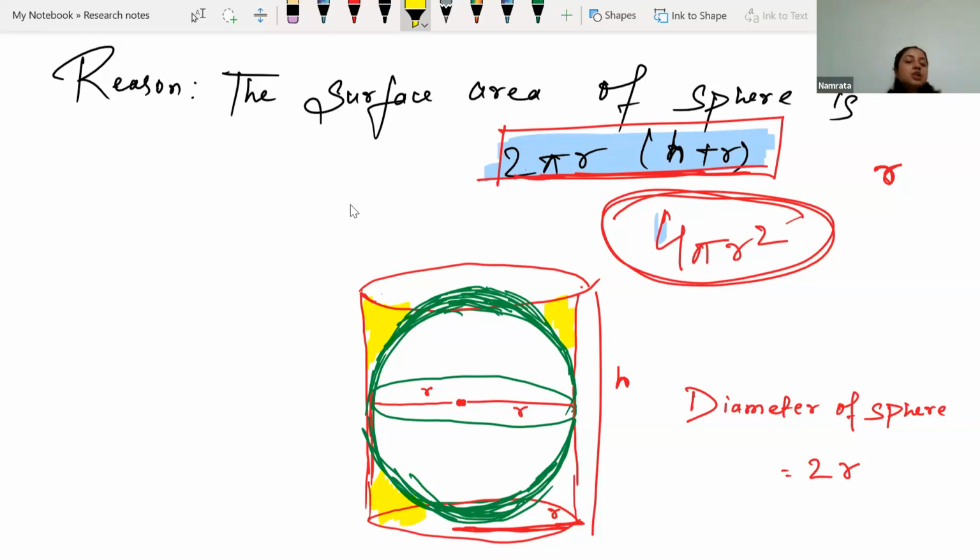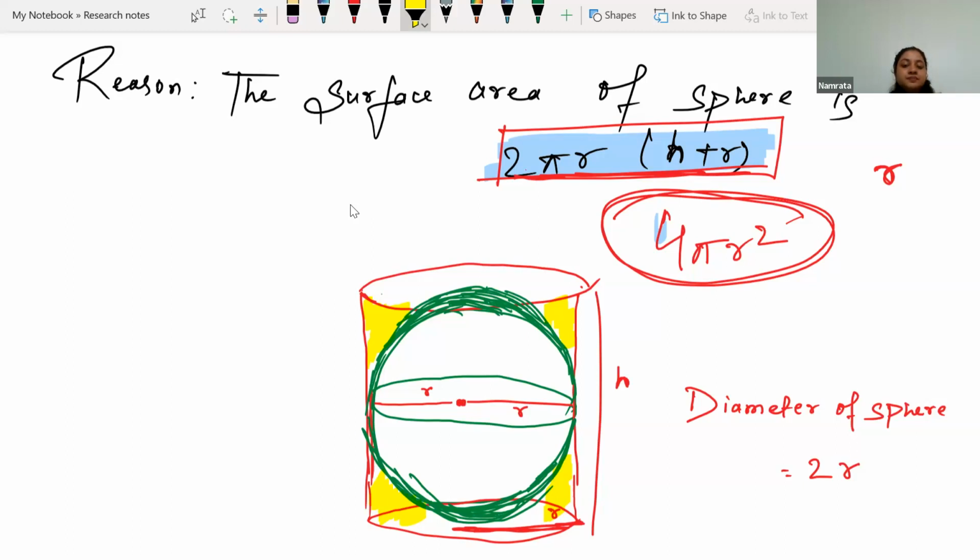The surface areas will not be the same. There will be some leftover space because both are completely different shapes, right? This yellow part will just be unoccupied, left over. So we cannot say the surface area of this sphere and the complete surface area of this cylinder will be the same, due to this yellow part, if you can imagine.